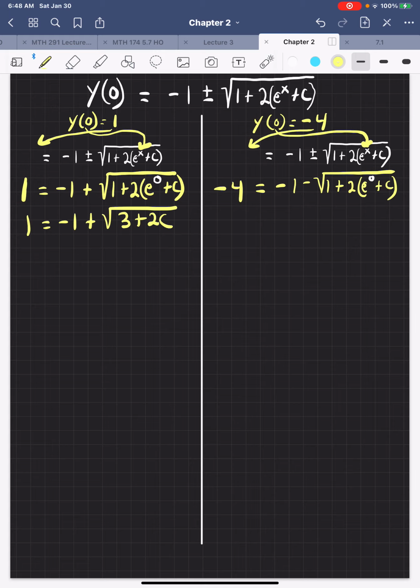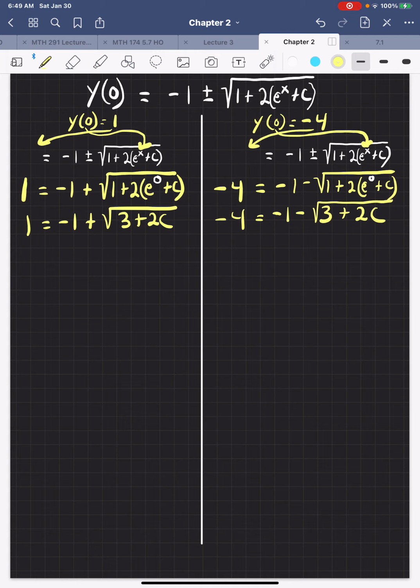It's going to do that over here. -4 is equal to -1 minus. In this case, we should have, again, 2 times e to the 0 is 1. No, that's going to end up being 3, right? Because 1 plus 2 times 1. So 3 plus 2c.